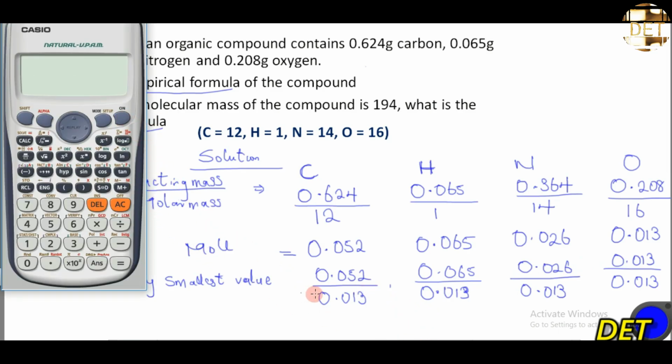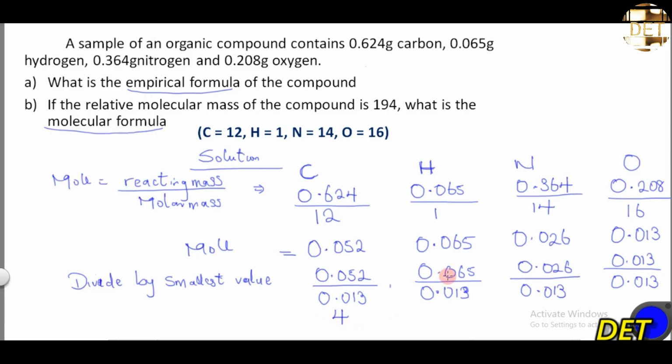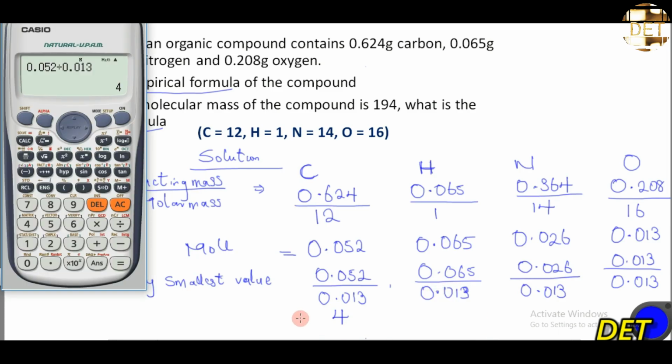So having done that, 0.052 divided by 0.013 will be equal to 4, right? 0.065 divided by 0.013, if you punch that in your calculator, will be equal to 5. 0.026 divided by 0.013 will give us 2.